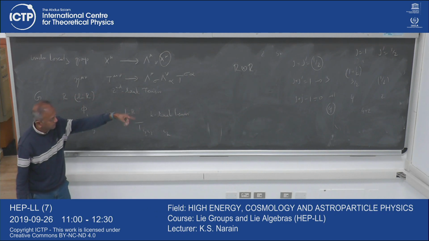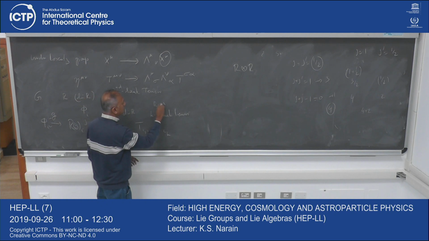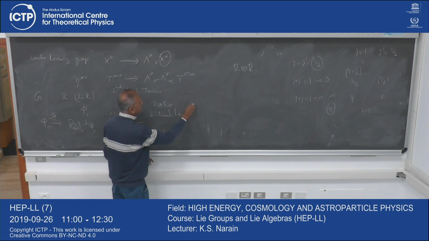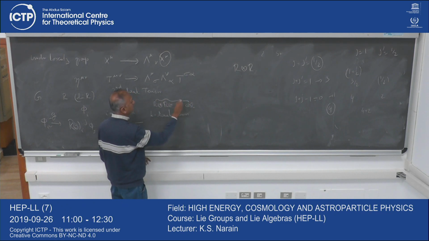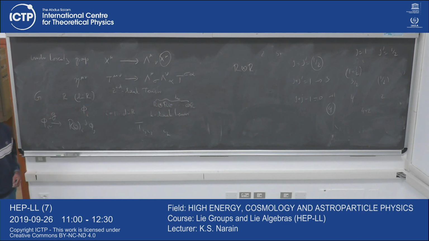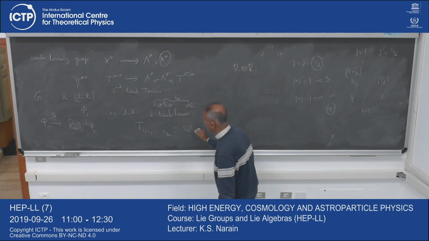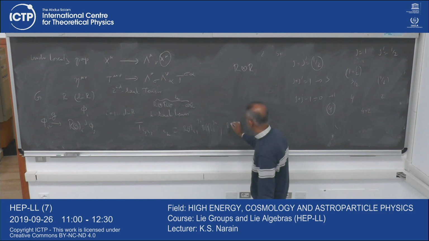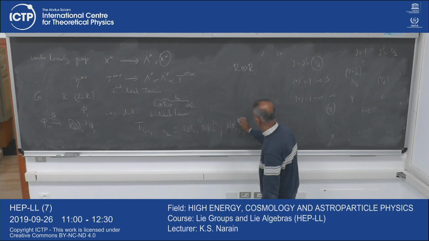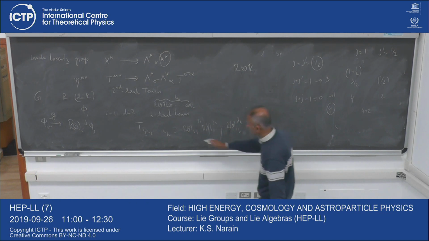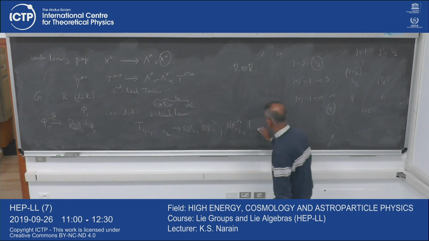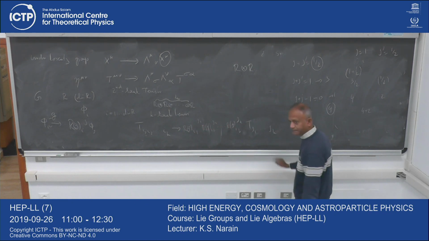This is nothing else but what we had previously, R times R, where you take k number of them. And how will this transform? It will transform as R(g)_i1j1, R(g)_i2j2, etc., up to R(g)_ikjk, times the original tensor T_j1 up to jk. That's the transformation.